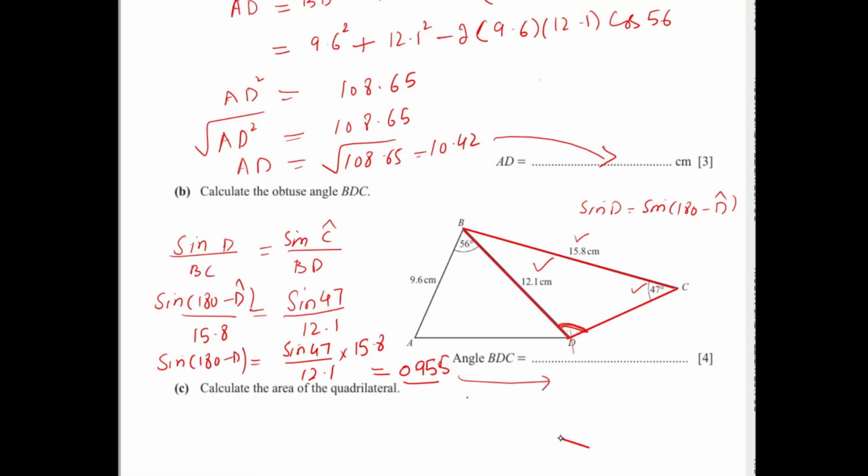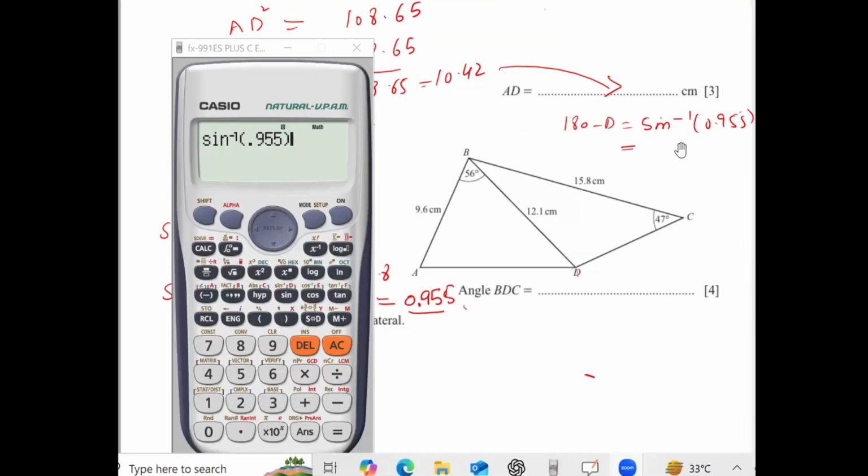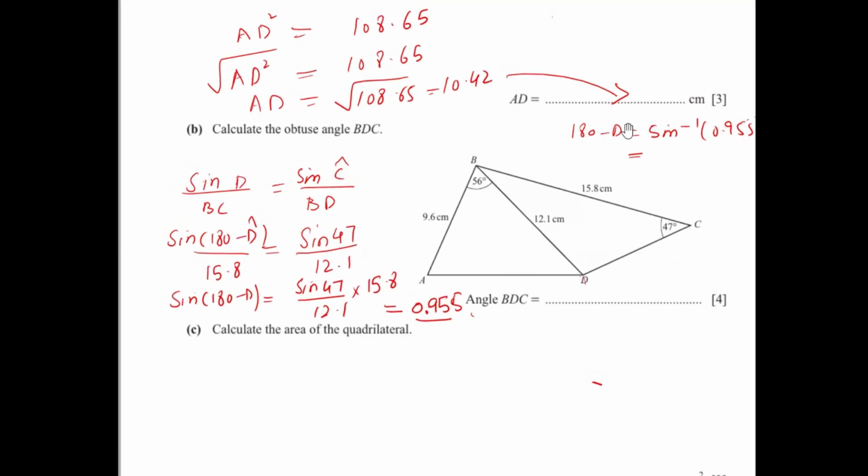Now look here, we can write 180 minus T equals sine inverse 0.955, and sine inverse 0.955 is equal to 72.746.